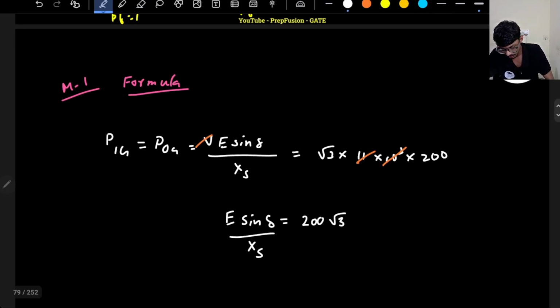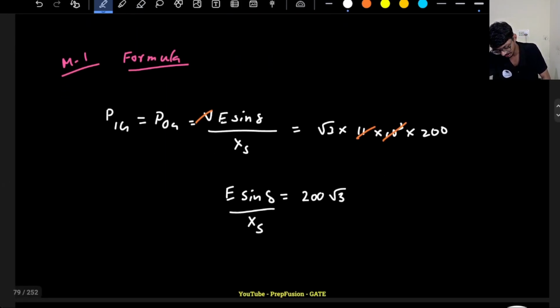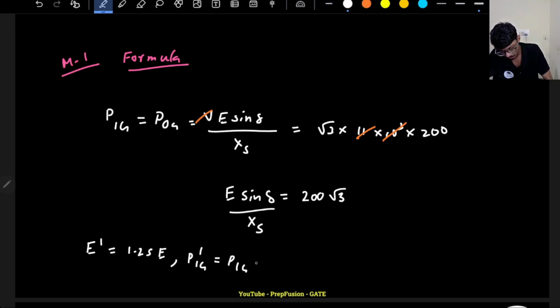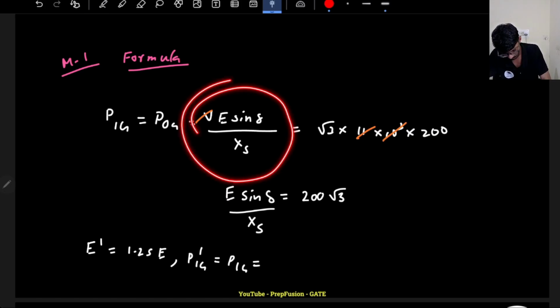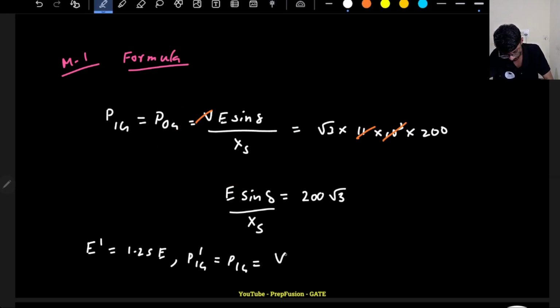Now what they're telling me is that in the second case, case 2, they are changing E dash to 1.25 times E, but the power PIG dash is the same, it does not change, it is the previous one. So previous power was V into E into sin delta.